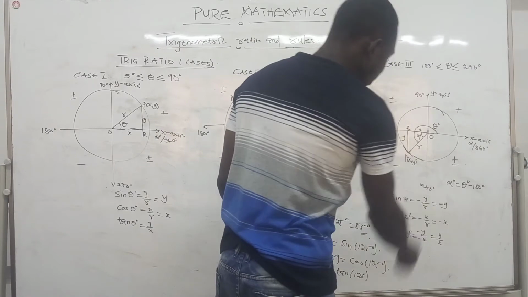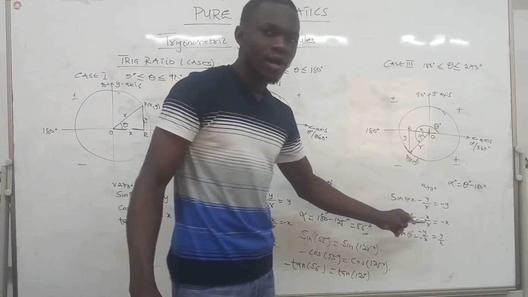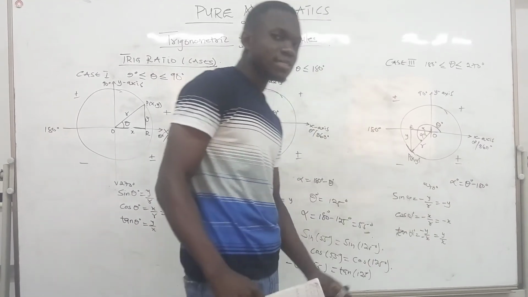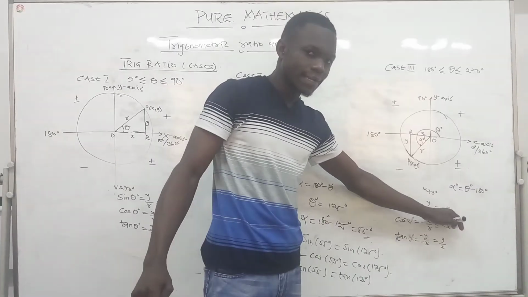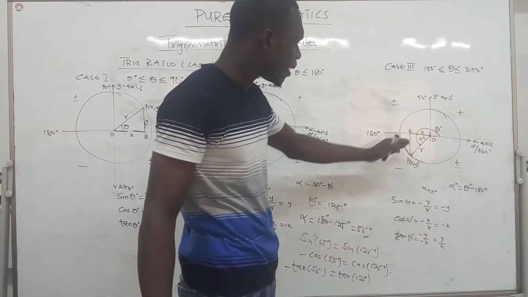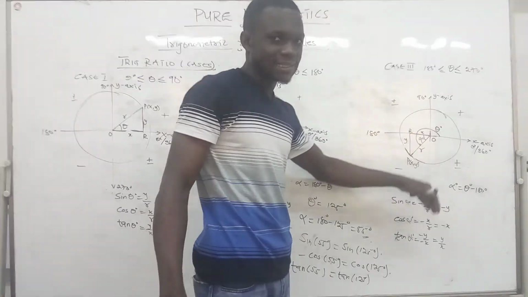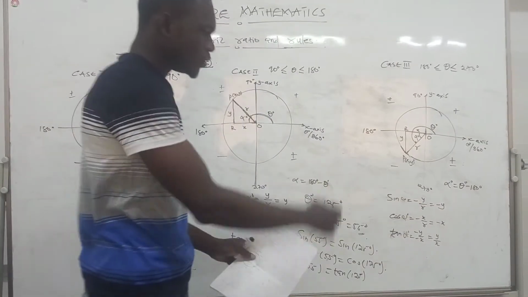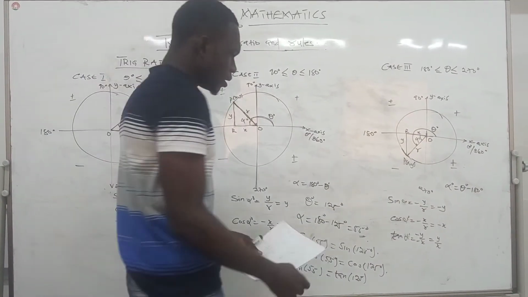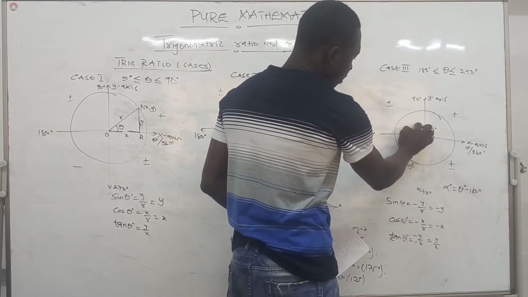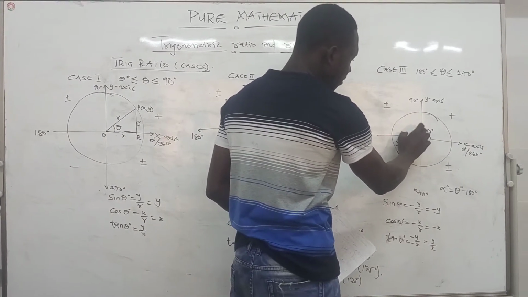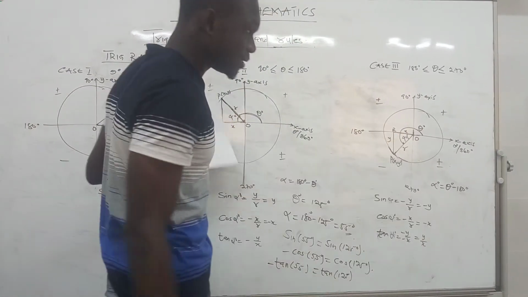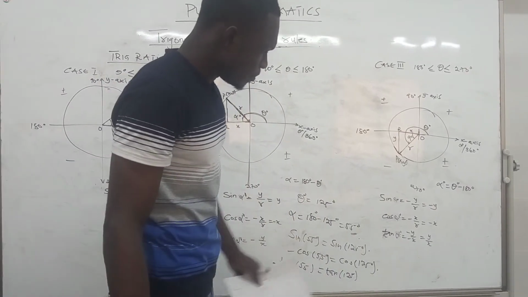So for sine of theta, we are going to get y over r. And I said earlier that our r is a unit distance, and henceforth we are going to get negative y, because y is moving at the negative direction. And also for cos alpha, we're going to get negative x over r, because x is any distance value, but the direction towards the left side is negative, so that makes it negative.